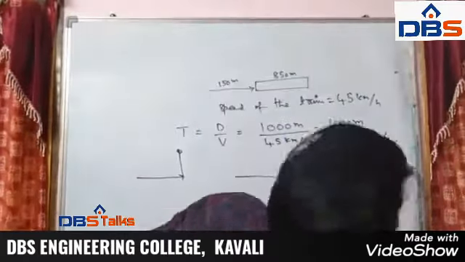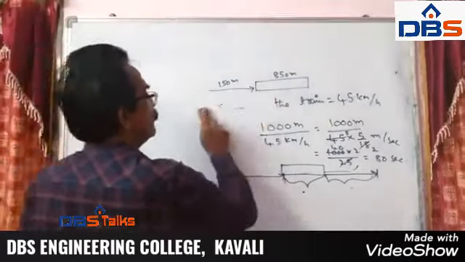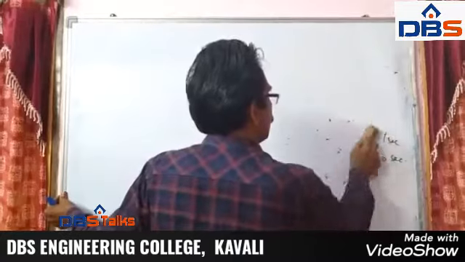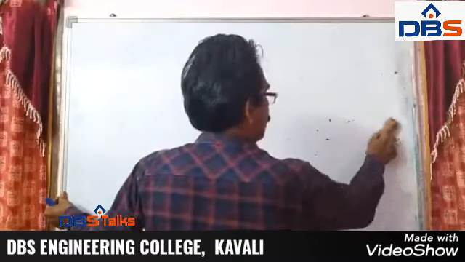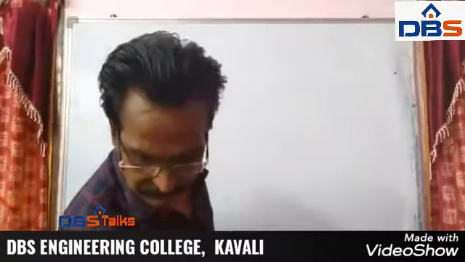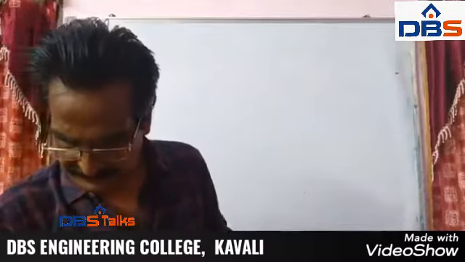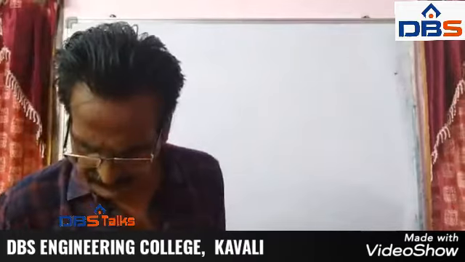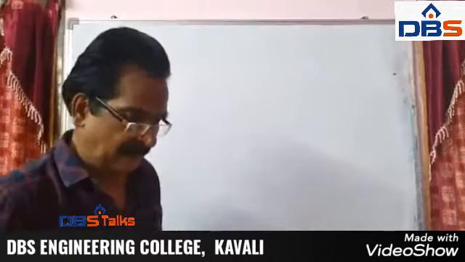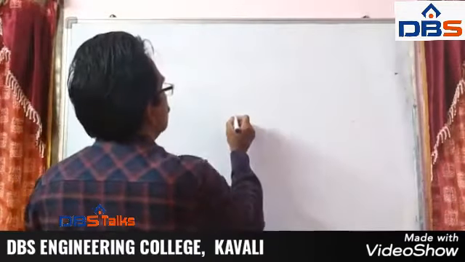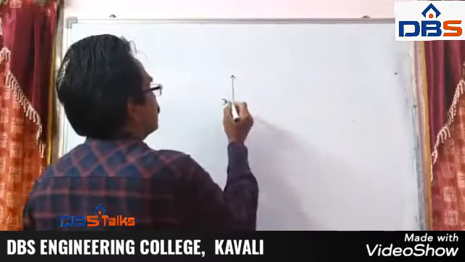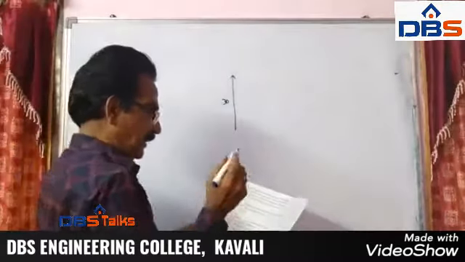Okay, friends. Let us take up one more problem. A person moves 30 meters north, then 20 meters east.